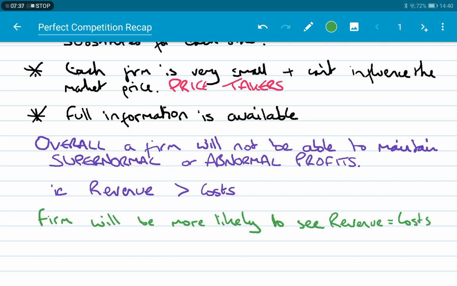It's not greater than its costs because if it was, lots of new firms would simply arrive in the market, sell the product for a lower price and drive the price down. But it's not going to be less than its costs.